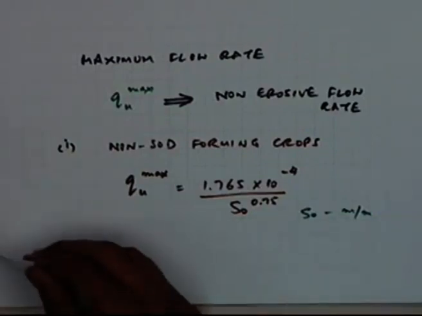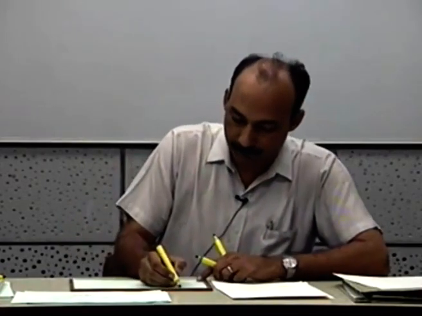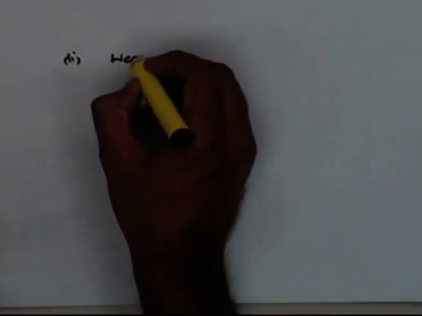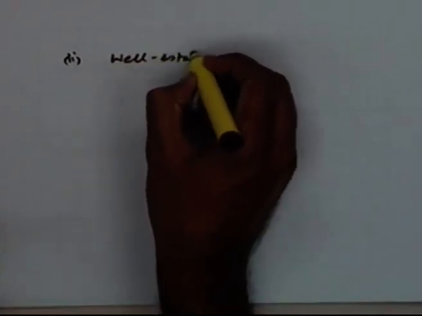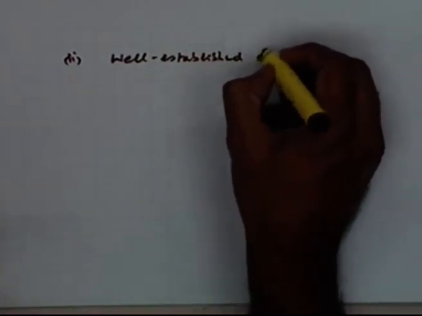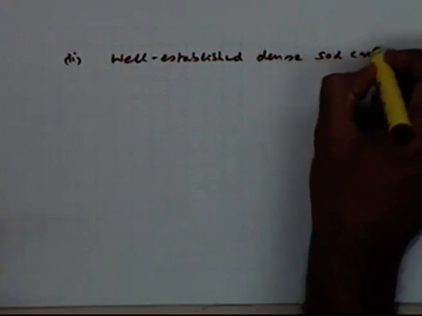And the second case is the case when you have well established dense sod crops. So, in that situation, the erosiveness of the stream size won't affect the field to that extent.